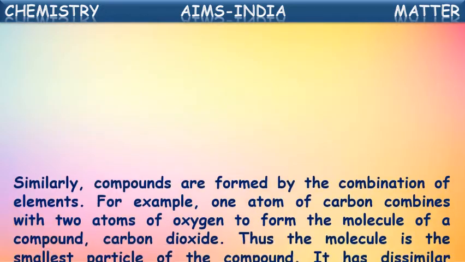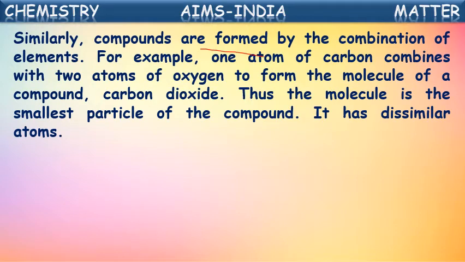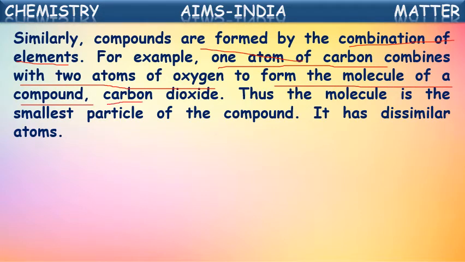Like that, even compounds are formed by the combination of elements. For example, one atom of carbon combines with two atoms of oxygen to form the molecule of a compound, carbon dioxide. Its formula is CO2, which is fixed. The molecule is the smallest particle of the compound.